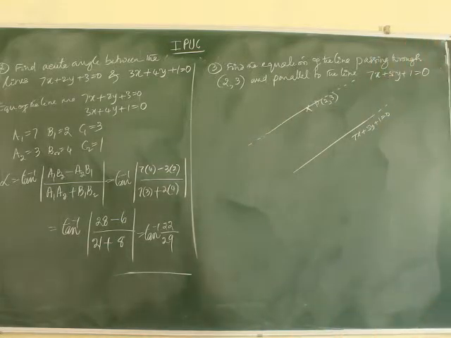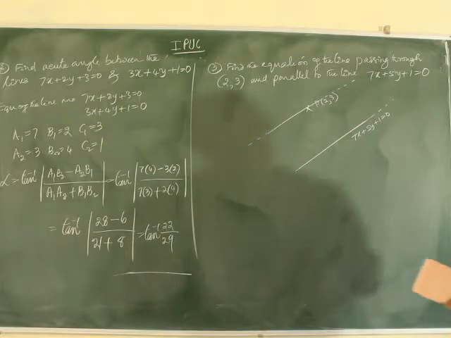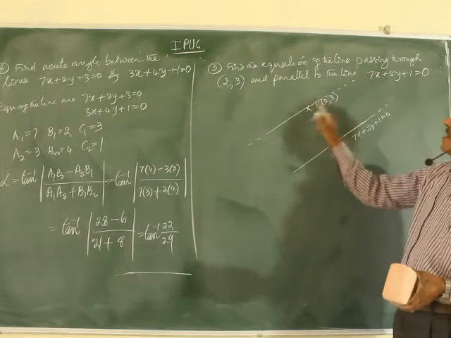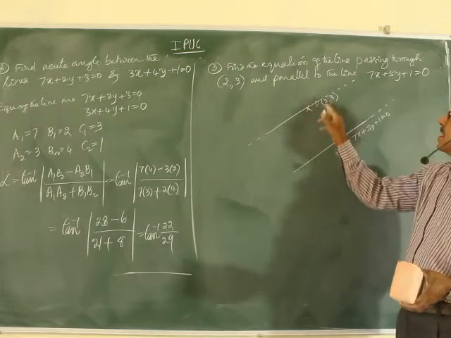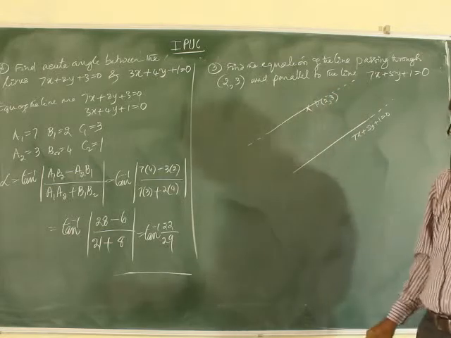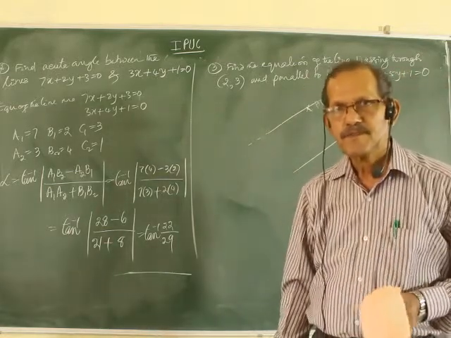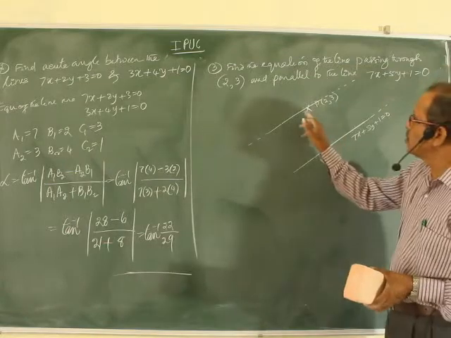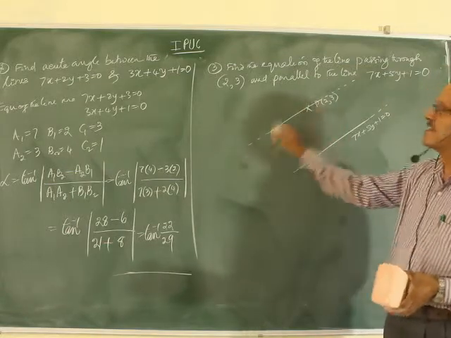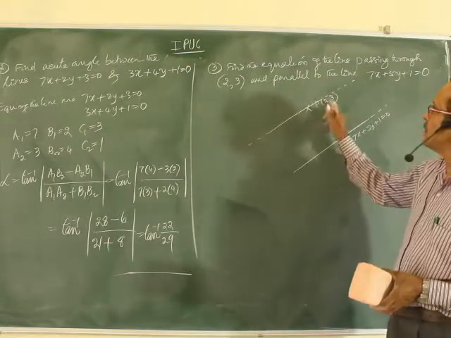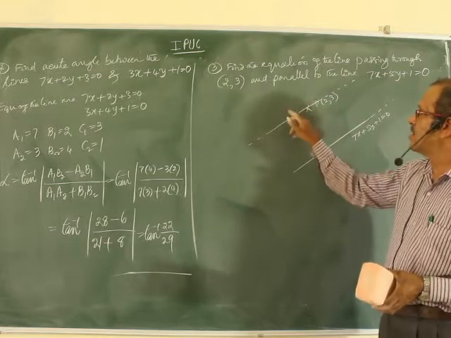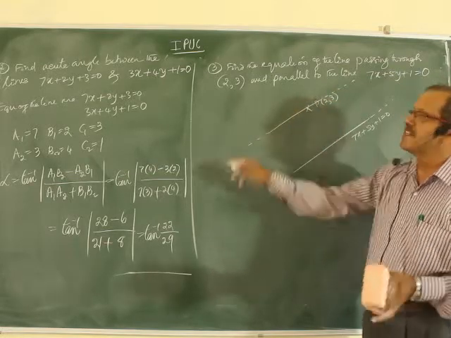How to find that? The given line is parallel to the required line, and the required line passes through 2, 3. If you know the slope of this line, we can write the equation using the slope point formula.